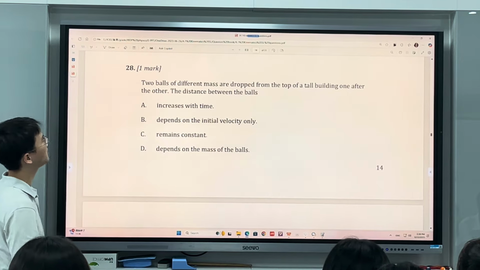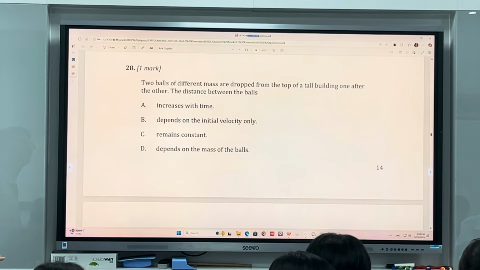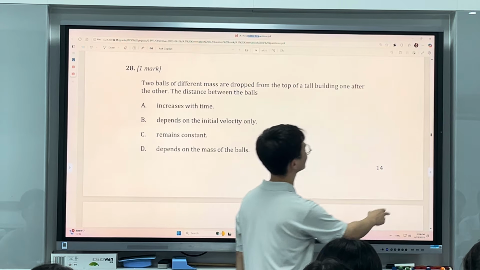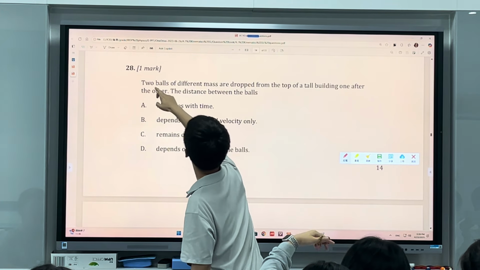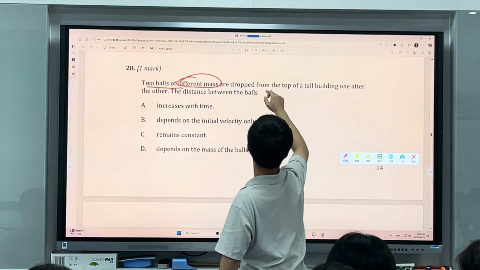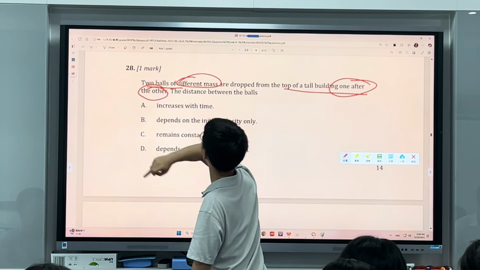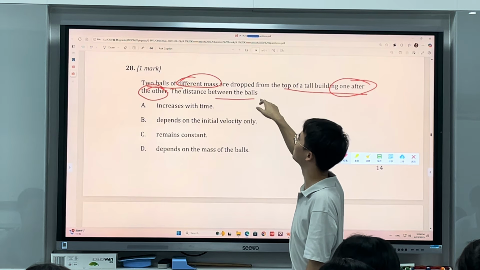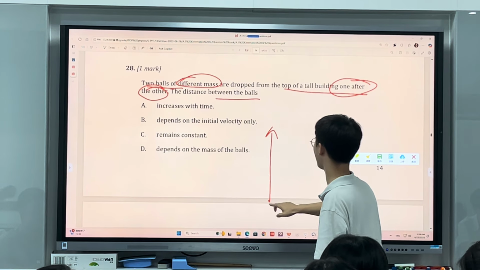Two balls of different mass are dropped from the top of a tall building, one after another. The distance between the balls. So let's draw a speed-time graph.